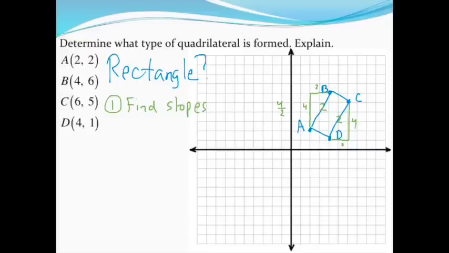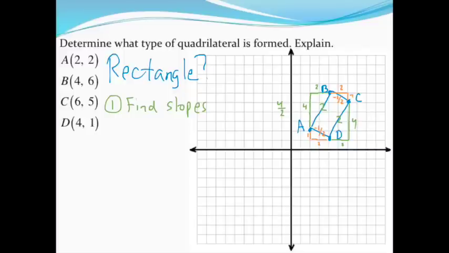But let's find the slopes from A to D and from B to C. I can see that on those I've got a rise of 1 and a run of 2. Since that's a negative direction, a negative slope line, I'm going to say that's a slope of negative 1/2. And same thing again up top: I have a run of 2 and a rise of negative 1, so I've got a slope of negative 1 over 2. Again, I've proven that those sides are parallel because they have the same slope.